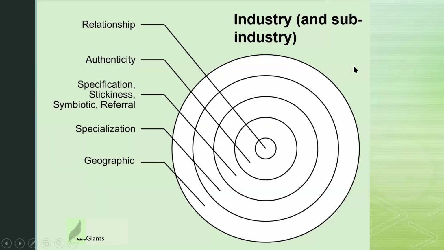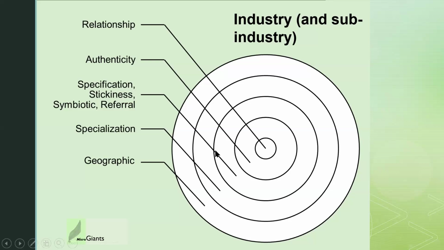In this particular diagram, this is representing a whole market, and you can see that we'll start with the outside first. On the outside, you've got an industry overall. Then next, you've got geographic. So you come in one, and then you are in specialization, where you're doing something so special, there are very few, or there are fewer people competing with you.